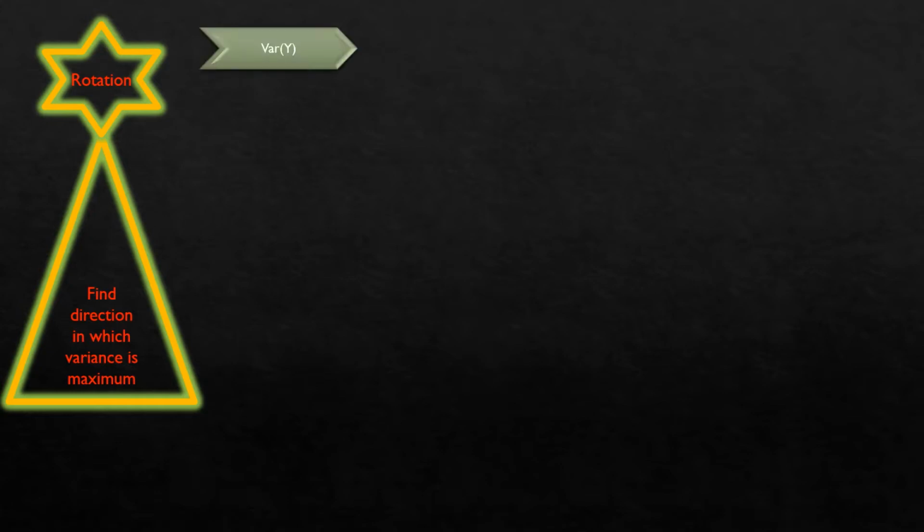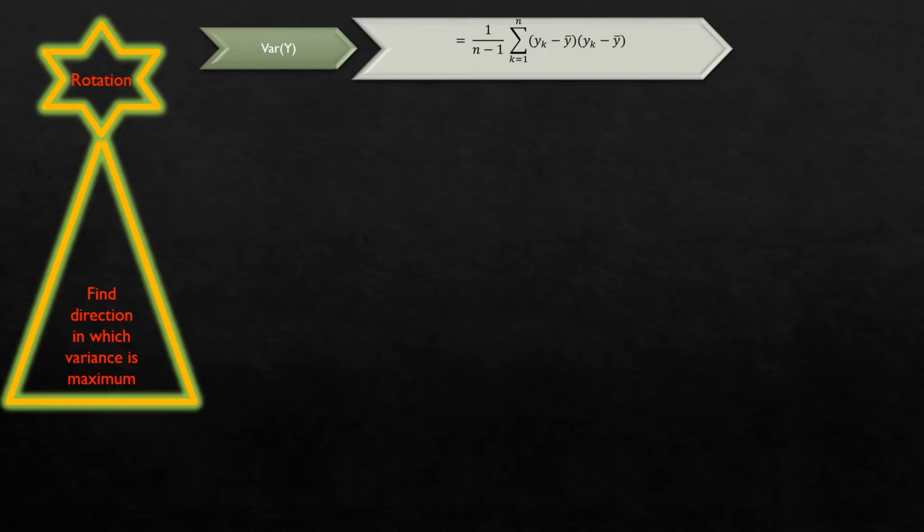So I need to take the variance of Y. Remember, Y is the new set of data points after applying translation and rotation. The variance of Y is given by 1 by n minus 1 into sigma over k from 1 to n of yk minus y bar the whole square, which I have written as yk minus y bar into yk minus y bar.